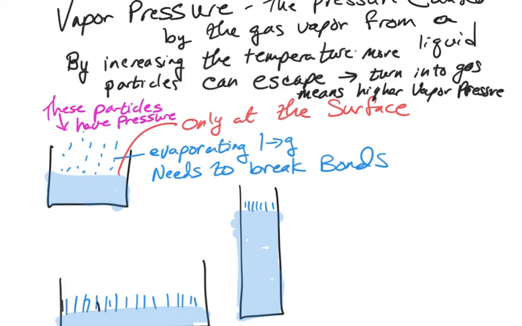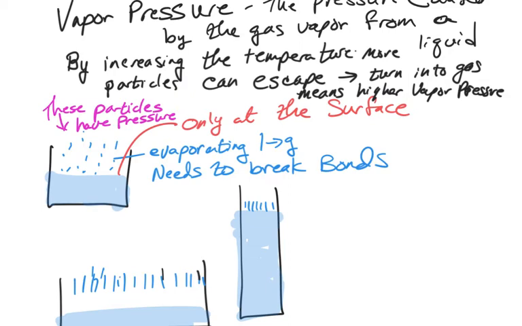So we could see in this one, I've got 1, 2, 3, 4, 5, 6, 7, and this one I should have 7 also. And then I move those over here, and it should also be 7 and 7 and 7. So in that same size, it's the same total vapor pressure.